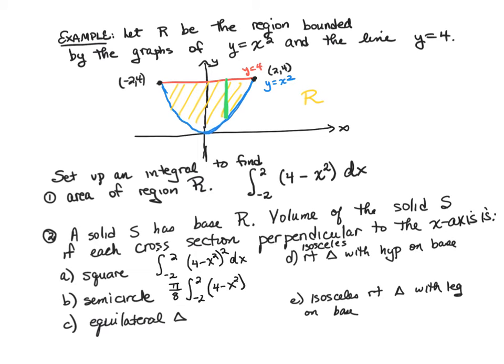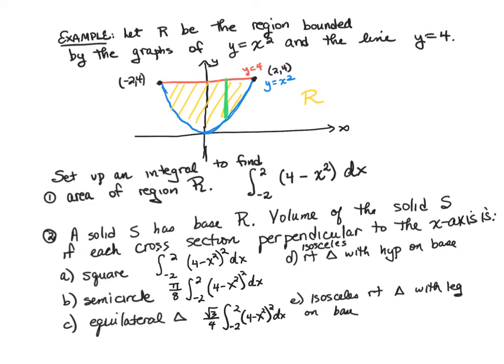So it's top minus bottom squared. If we have an equilateral triangle, recall that the equilateral triangle had a square root of 3 over 4 on the outside, but the same integral, negative 2 to 2 of 4 minus x squared, squared, dx.